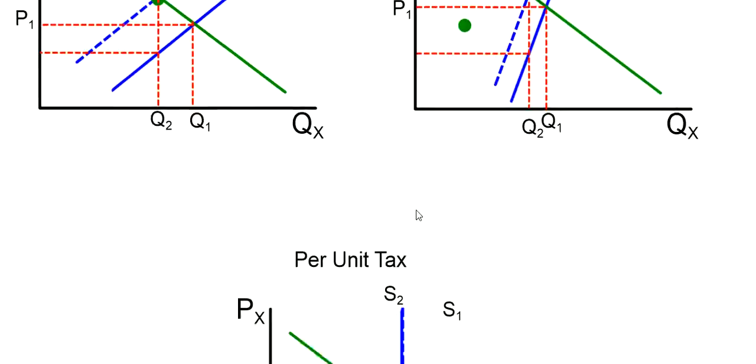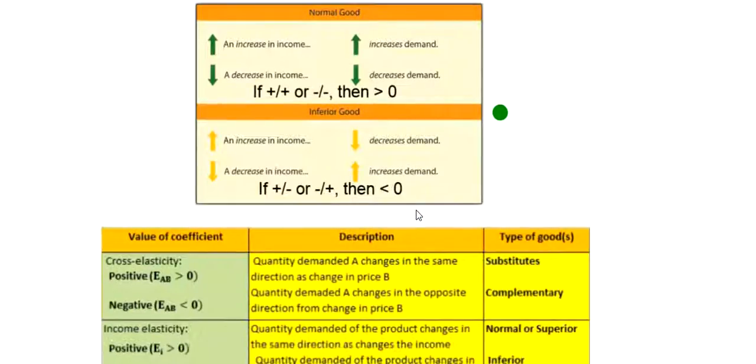So if we know that, we can jump back down here and say, okay, if the ratio has different signs, in other words, if they're moving in different directions, then that tells us that the income elasticity of demand is less than 0, or negative. So we know we're in this situation right here. So we know that it is an inferior good.